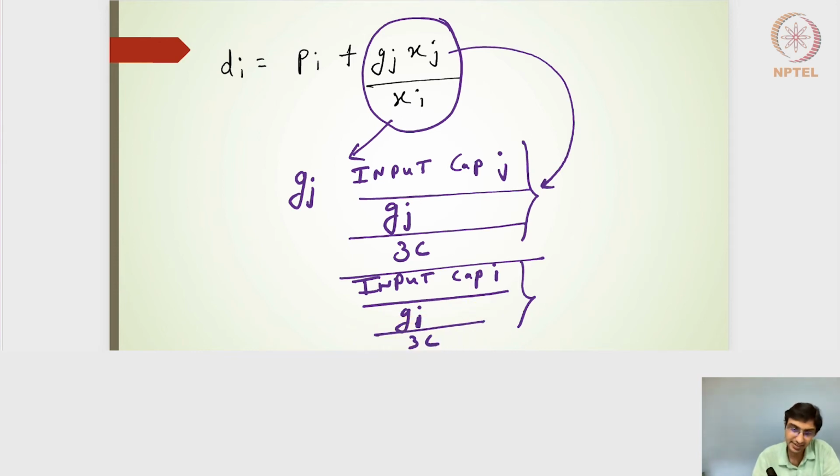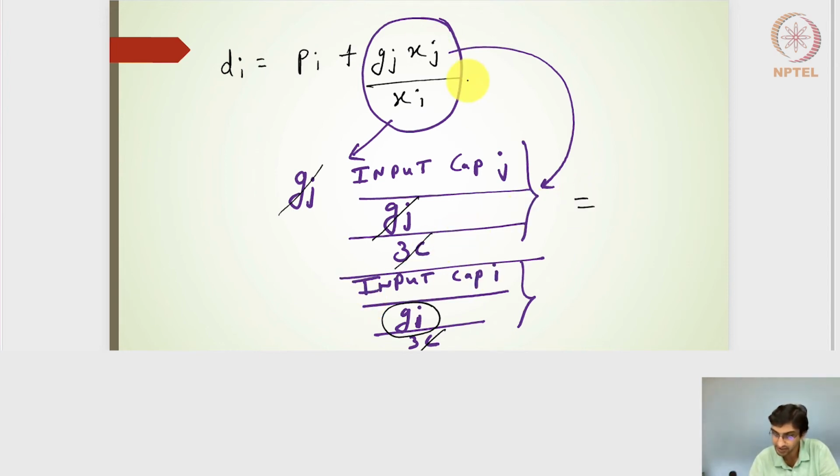So this 3c and 3c will get cancelled. This Gj and the logical effort of the jth node will also get cancelled. What we are left with is the term Gi and the ratio of the input capacitance of the jth gate divided by the input capacitance of the ith gate.